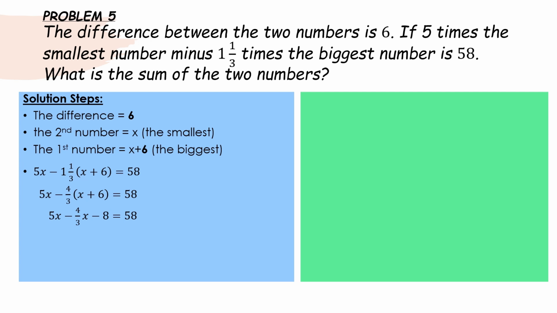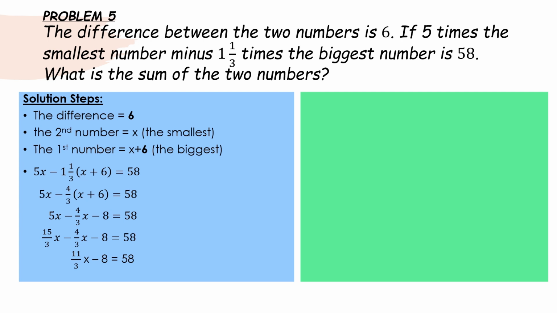How do we get negative 8? We multiply negative 4 over 3 with 6. 6 divided by 3 equals 2, and 2 times 4 equals 8. Then we can change 5x into 15 over 3x.